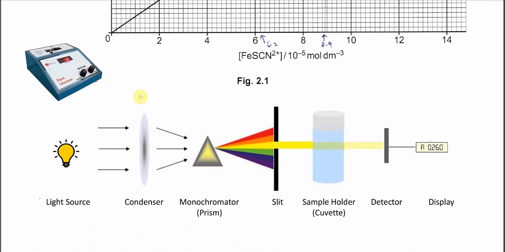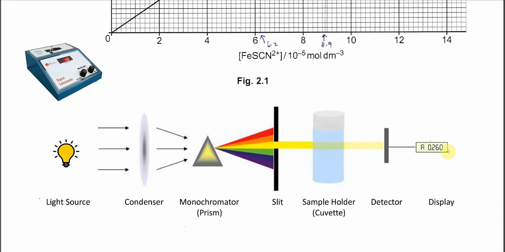This is the colorimeter that we used, and inside this meter it has a light source, so we can select a particular wavelength to pass through the sample. The sample, of course, must be colored, and it will absorb certain wavelengths. Once the light is transmitted, the detector will tell us how much of this light is absorbed by showing the absorbance.